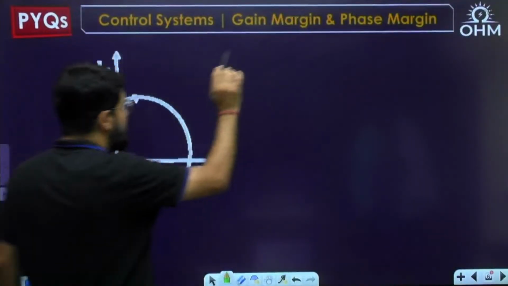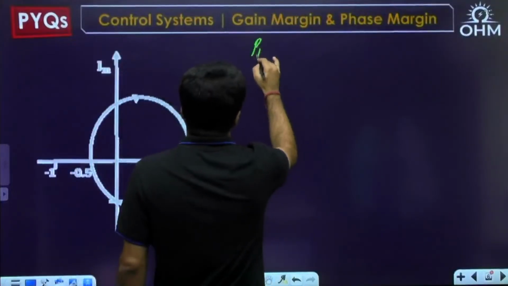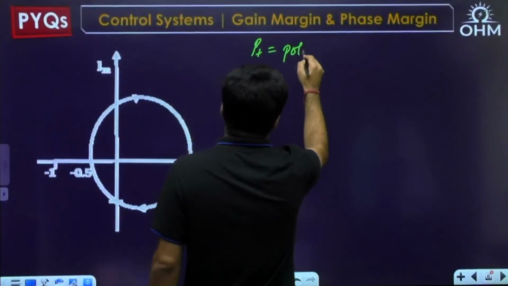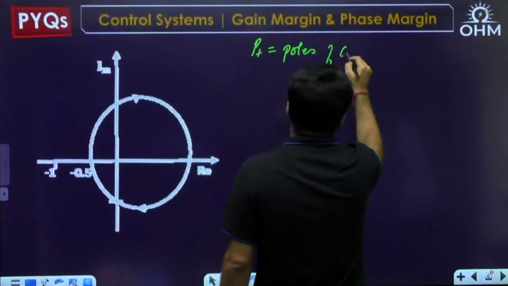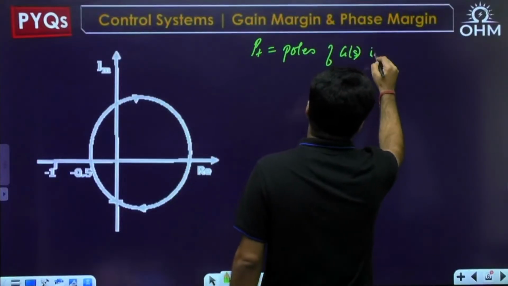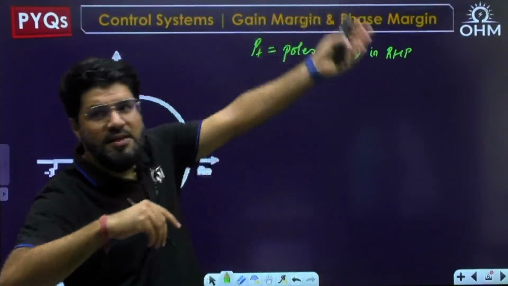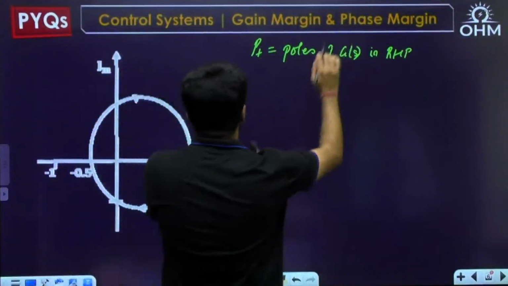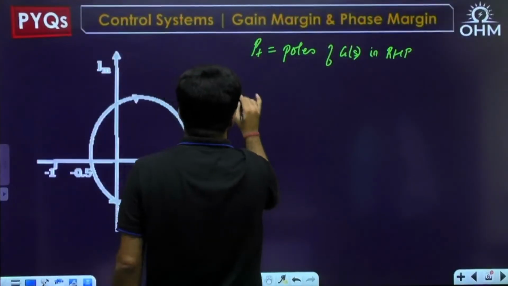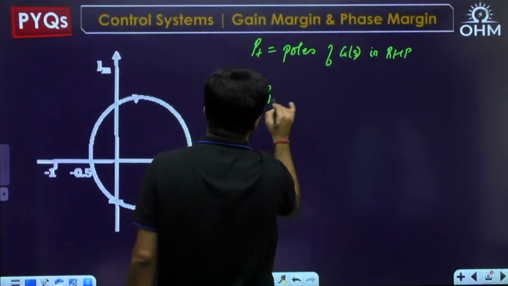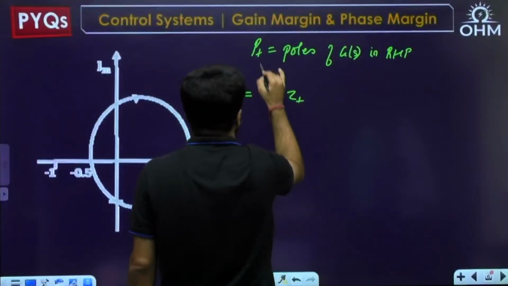See, P plus has a fixed meaning. P plus is equal to the poles of G(s) or G(s)H(s) in the RHP. That is why I use the symbol plus, meaning it's on the positive, right hand side. Now when I write the formula N equal to P plus minus Z plus, P plus I already explained.